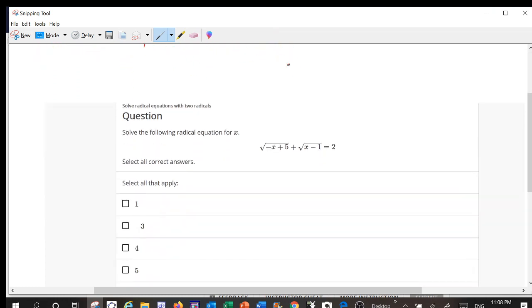So that means you cannot just say, okay, I'm going to square this side and square this side, then square this side. Then this side just becomes that square, the square root goes away, and the square root goes away, and we're done.